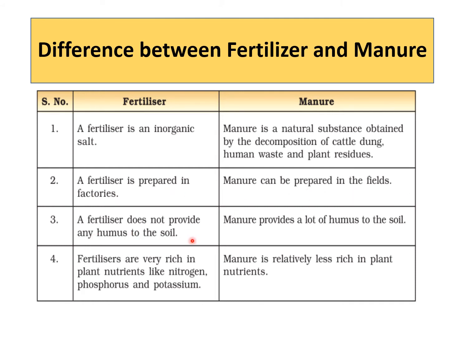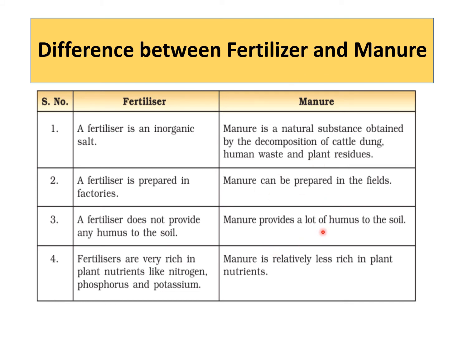Third, fertilizer does not provide any humus to the soil, whereas manure provides lots of humus to the soil. Fourth, fertilizers are very rich in plant nutrients like nitrogen, phosphorus and potassium, whereas manure is relatively less rich in these plant nutrients. So these are the basic differences between manure and fertilizer.